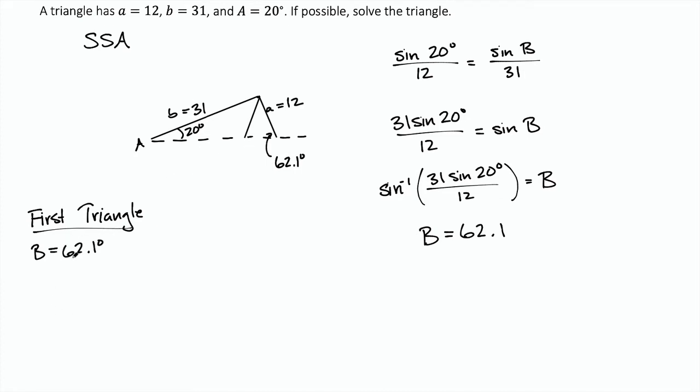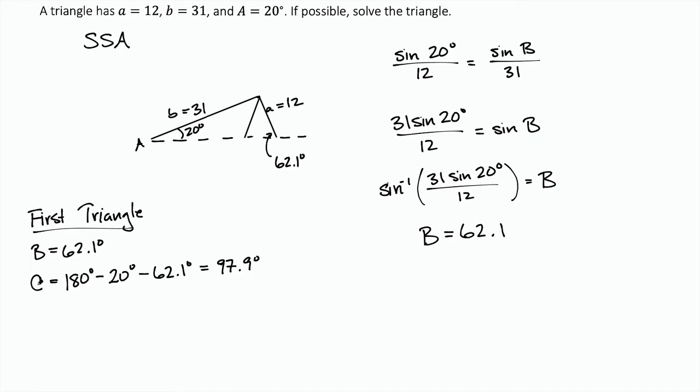And now I've got two angles, so I can find my third angle, C, by doing 180 degrees minus the two angles that I have, 20 degrees and 62.1 degrees. And this gives me 97.9 degrees, if I did that right.